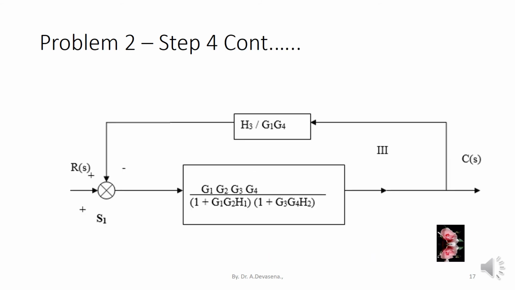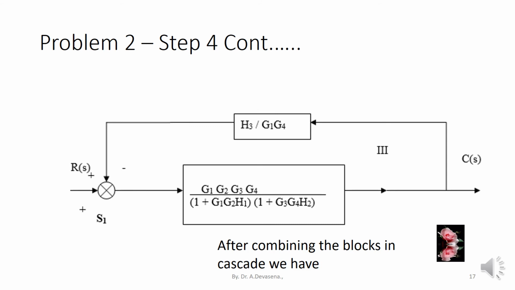Step 4 continued. After combining the blocks in cascade, we have the block. That is, if the blocks are in cascade, we have to multiply the blocks. Here the G1, G2 divided by 1 plus G1, G2, H1 block and G3, G4 divided by 1 plus G3, G4, H2 block are in cascade.